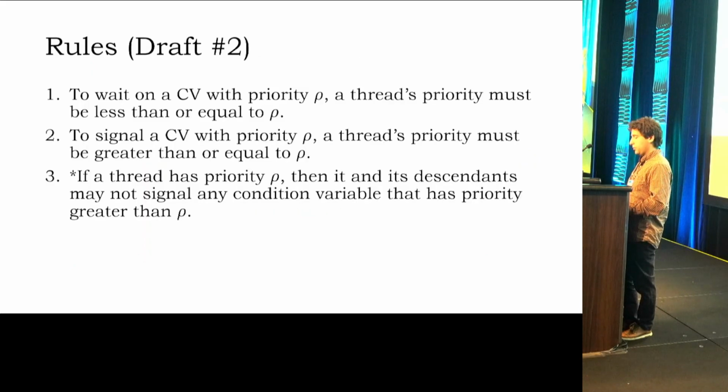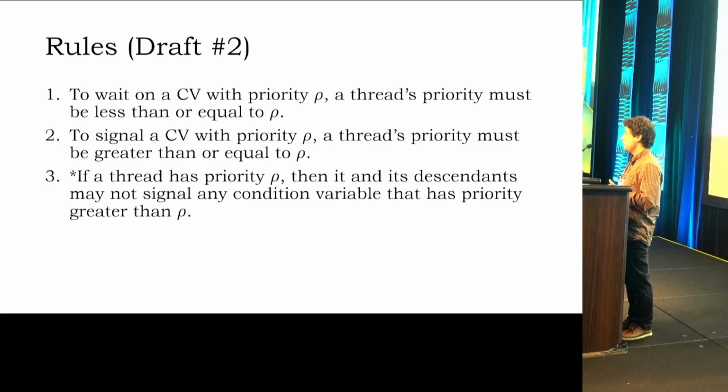So we're going to fix that by adding another restriction, which I'm going to just state informally here and motivate with a couple more examples. So the restriction is that if a thread has priority rho, then obviously it can't signal a thread with priority greater than rho, we said that already, but also its descendants can't either, so any thread it spawns transitively.